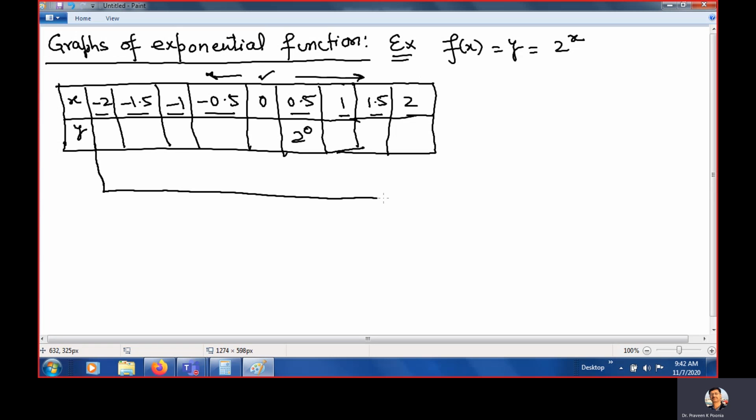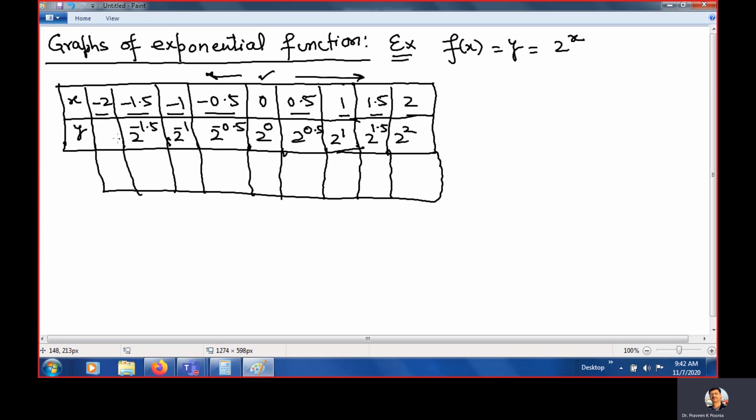I will make another column because this is the first question, so you should understand how we are calculating. It is 2 power 0, 2 power 0.5, 2 power 1, 2 power 1.5, 2 power 2. This is 2 power 0, 2 power minus 0.5, 2 power minus 1, 2 power minus 1.5, 2 power minus 2.